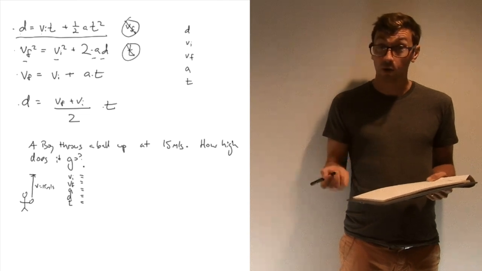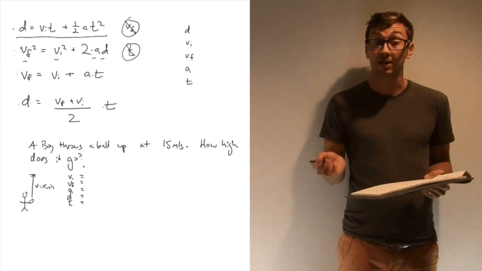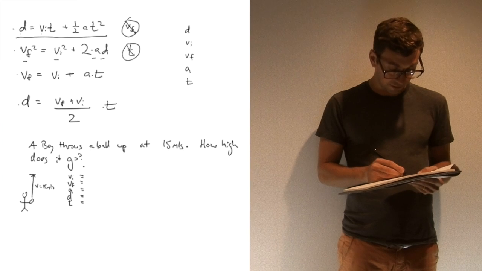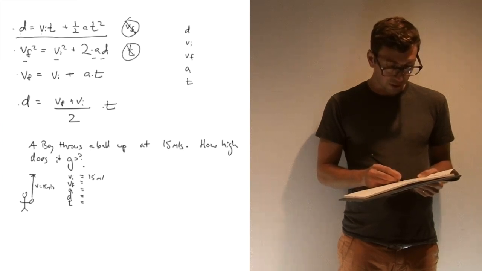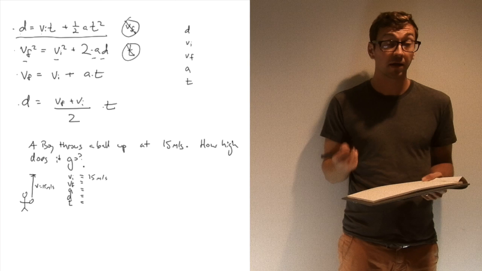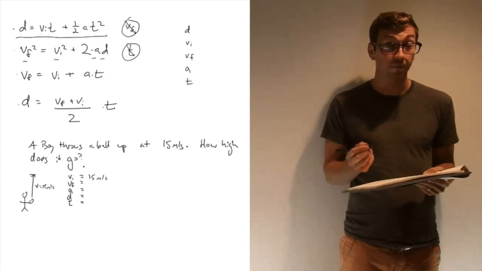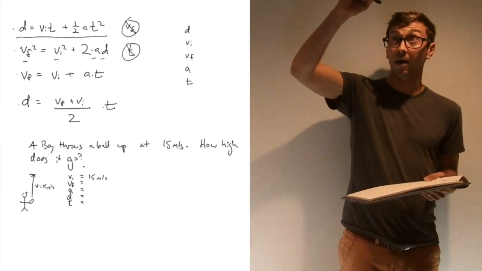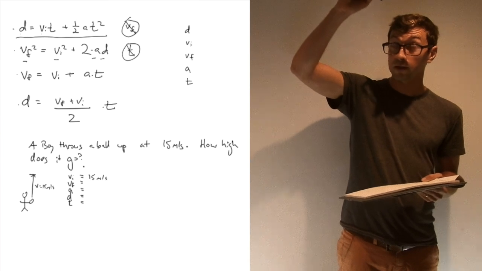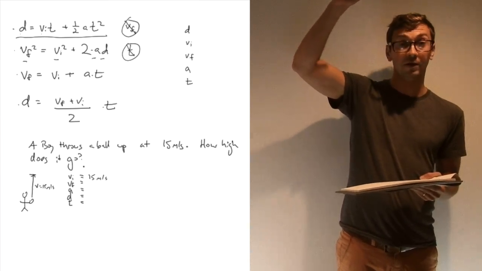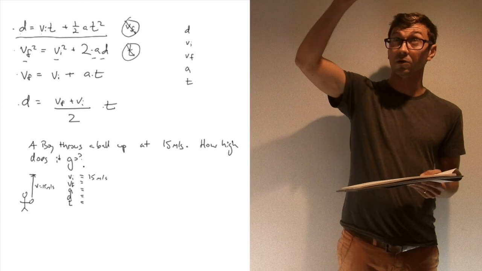So, what do we know already? Well, we know the velocity initial, that's 15. We also know the final velocity. The final velocity is 0, because when it's being thrown up, the top point is when it stops. It stopped moving. So the final velocity is 0.